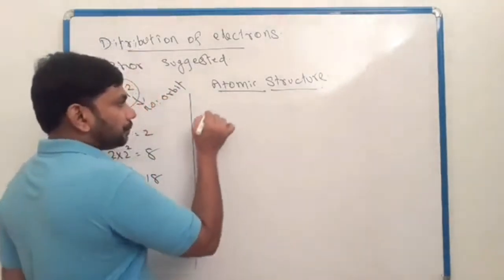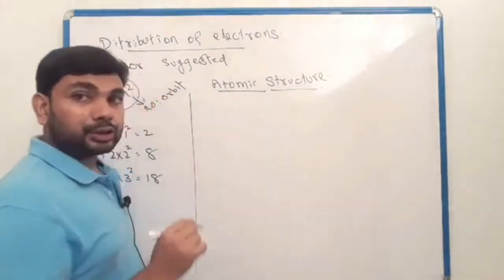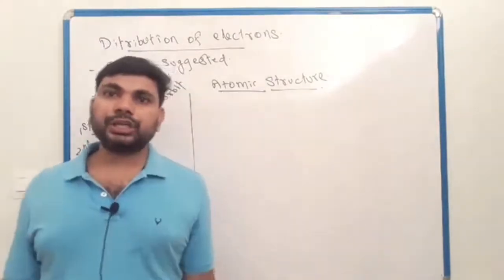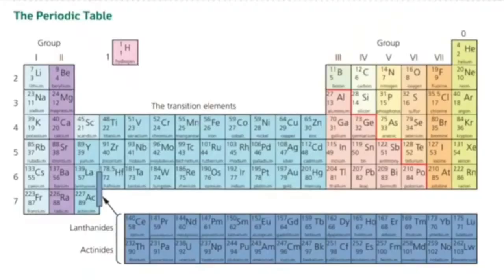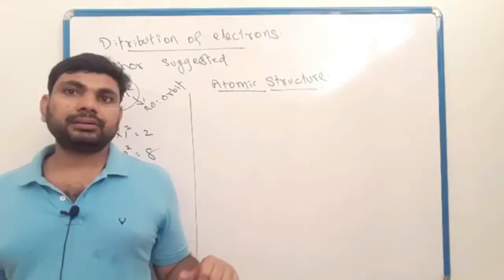So here I told you before about the periodic table. You can see here this is the periodic table. Using this periodic table you can find different types of elements. There are more than 118 elements. Their symbols are there.